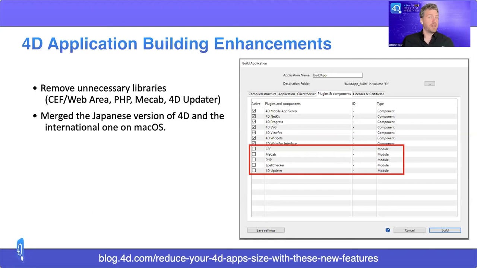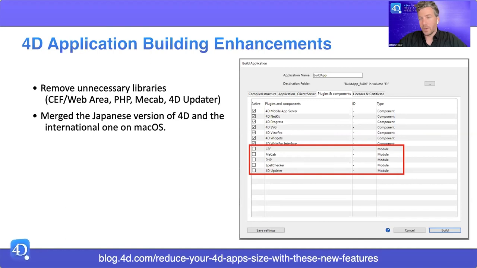We also changed the final directory when you build a compiled structure to accommodate people using multiple compiled versions of the same structure. And for our Japanese customers, the Japanese version of 4D has now been merged with our version of 4D, meaning there's no longer a Japanese version of 4D specifically.